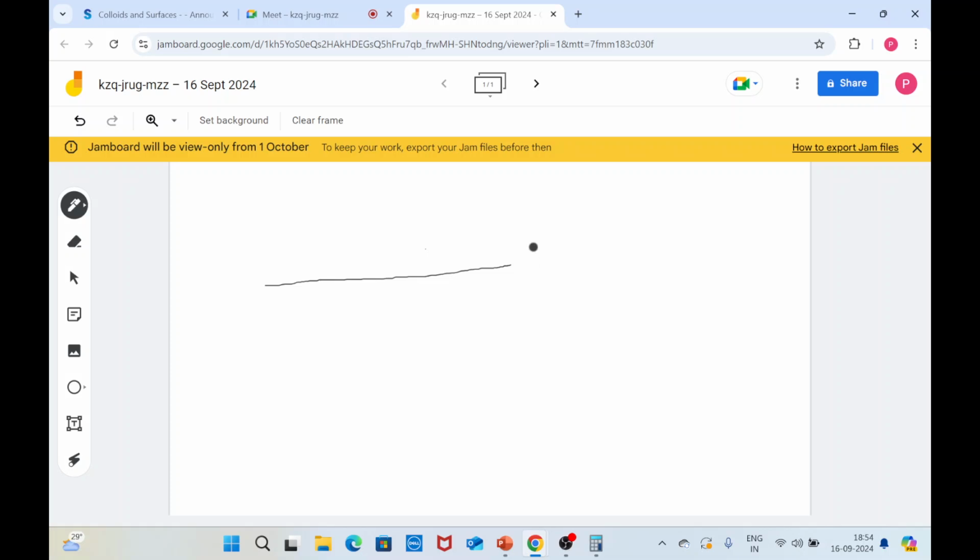So this is your interface, and here you have your oil medium, and here it is your water.